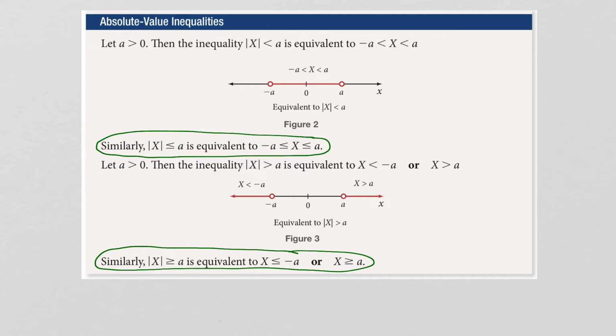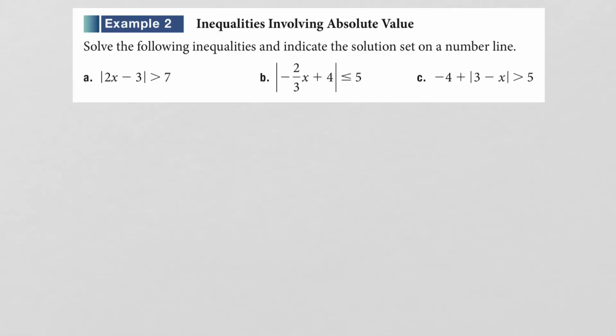Let's do a couple of examples. In the first example, we have the absolute value of 2x minus 3 is greater than 7. So we're saying that something has to be more than 7 units away from 0. So let's understand what this is saying. If 0 is here, positive 7 is here, and negative 7 is here. To be more than 7 units away to the left means that the number would have to be out here.